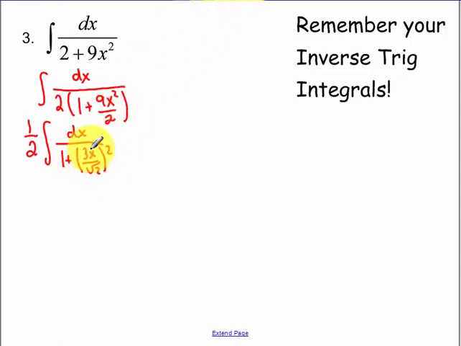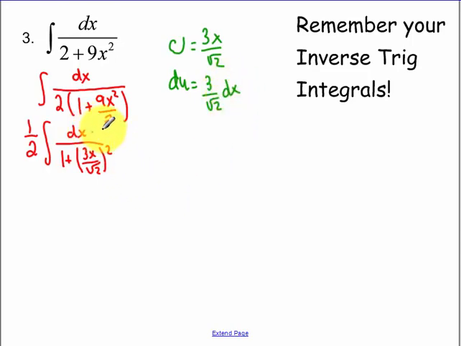And what's in there becomes our u. Our u then is 3x over root 2. Then our du is 3 over root 2 dx.